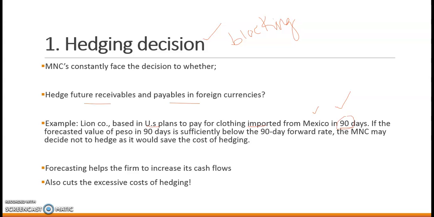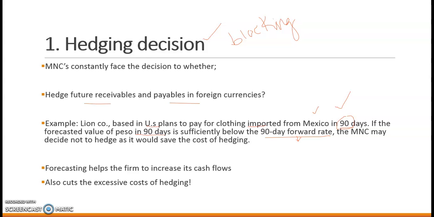And if the forecasted value of the peso in 90 days is sufficiently below the 90-day forward rate, they are talking about the forward contract, right? So the cost of the forward contract is just below the 90-day value of the peso.